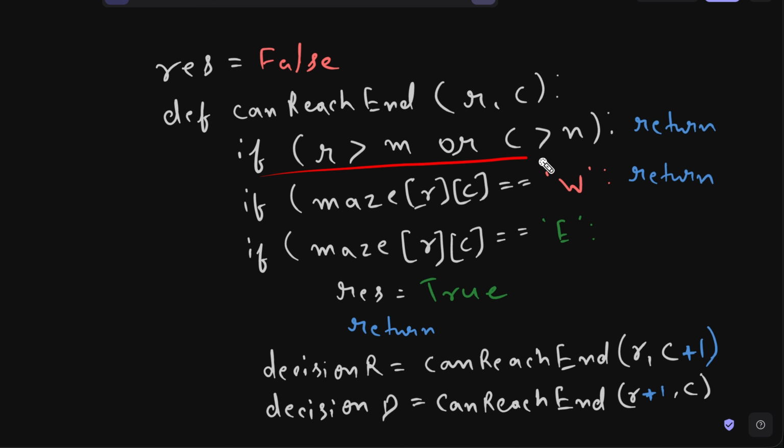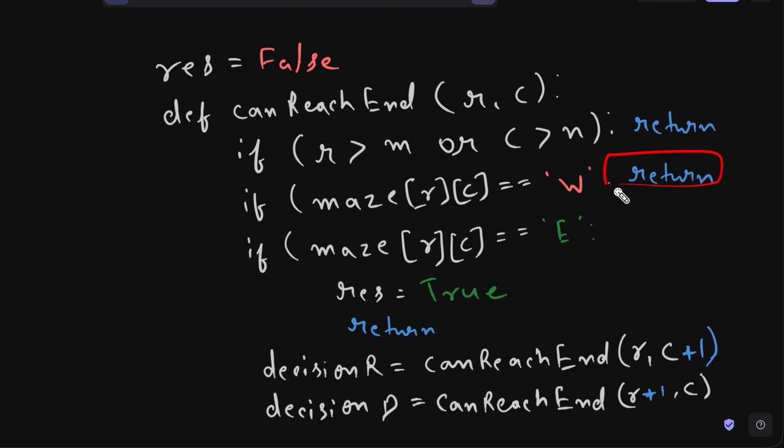Now here we are checking the out of bound conditions. If the row is greater than the number of rows present in the grid or the maze, we are simply saying return, it is out of bound. Otherwise, if the column is greater than the number of columns present in the grid, we are saying return, it is out of bound. Then here we are checking another base condition: if the value at this particular row and column cell is W, that means a wall, we know that we have hit a dead end.